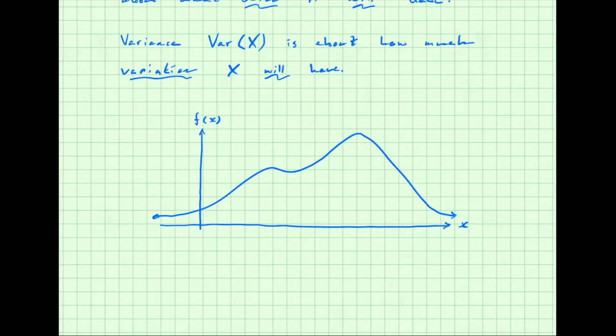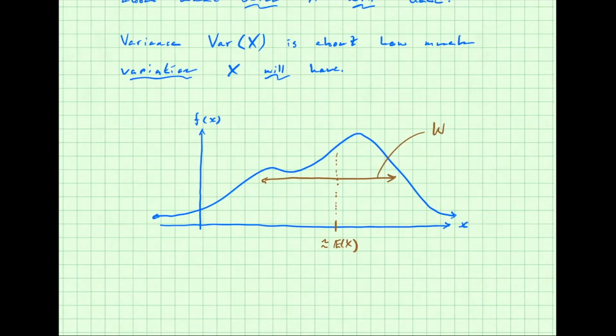So let's say that's the PDF of X. Then the expectation value might be sort of here. Let's just say I'm going to use a different color. So maybe it would be that the expectation value is around here. And so that just gives you some idea of where you might find the random variable X. And the variance gives you some sense of how far away, or what is the kind of spread.